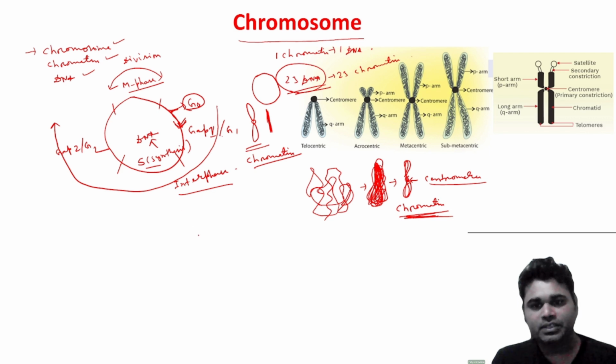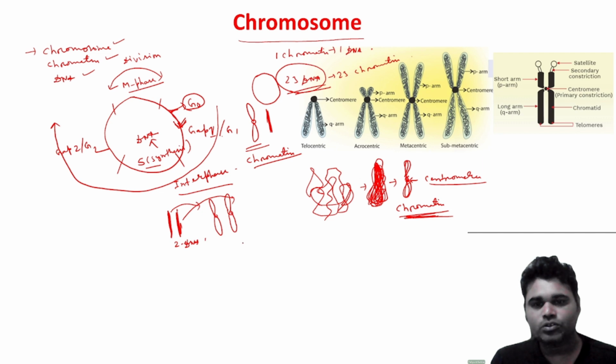In the S phase, one DNA replicates, and now two DNA are formed. Each again coils together to form a chromatin. So now this DNA also coils together and forms like this.